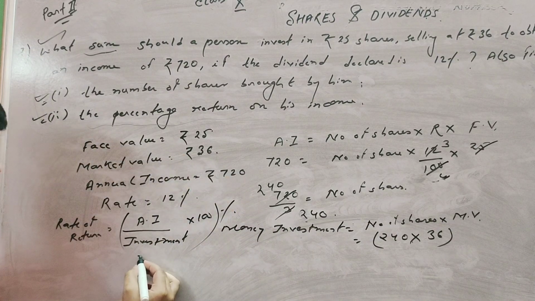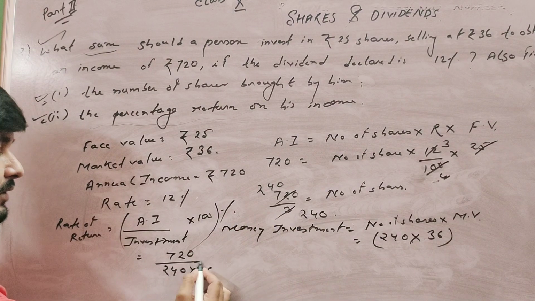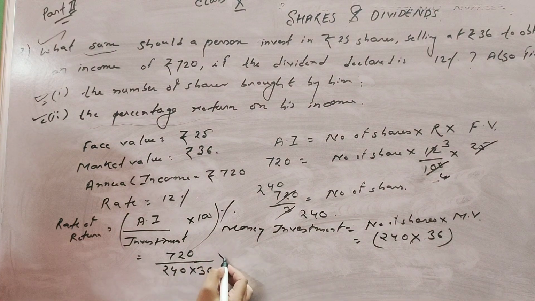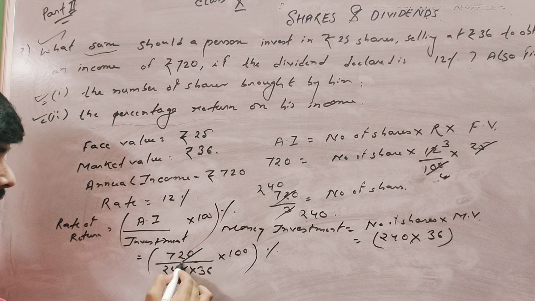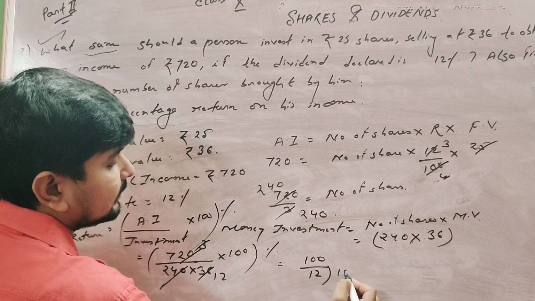Clear? So the annual income is 720, investment is 240 into 36. We just write like that, okay, into 100. This cuts this 3 times, this one cuts 12. So 100 by 12.